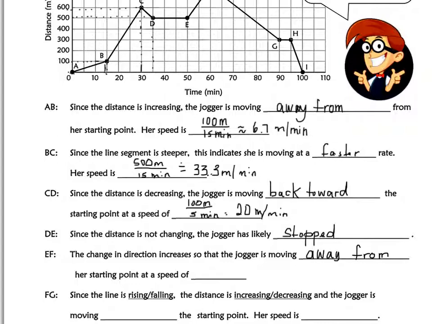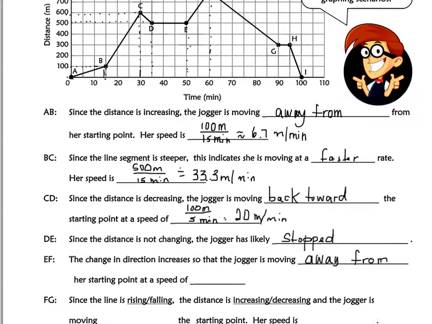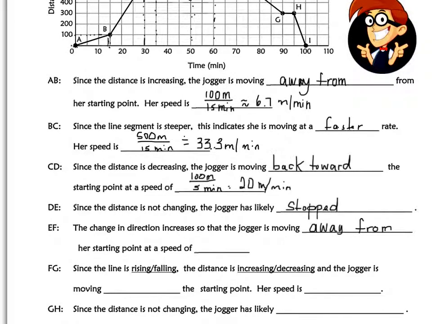And the speed for EF, I forgot to scroll that down again to see: from E to F goes from 500 up to F's point, which is at a height of 800, so 500 to 800 would be 300 meters, and from E to F would be 50 minutes up to 60 minutes, so 300 meters in 10 minutes.